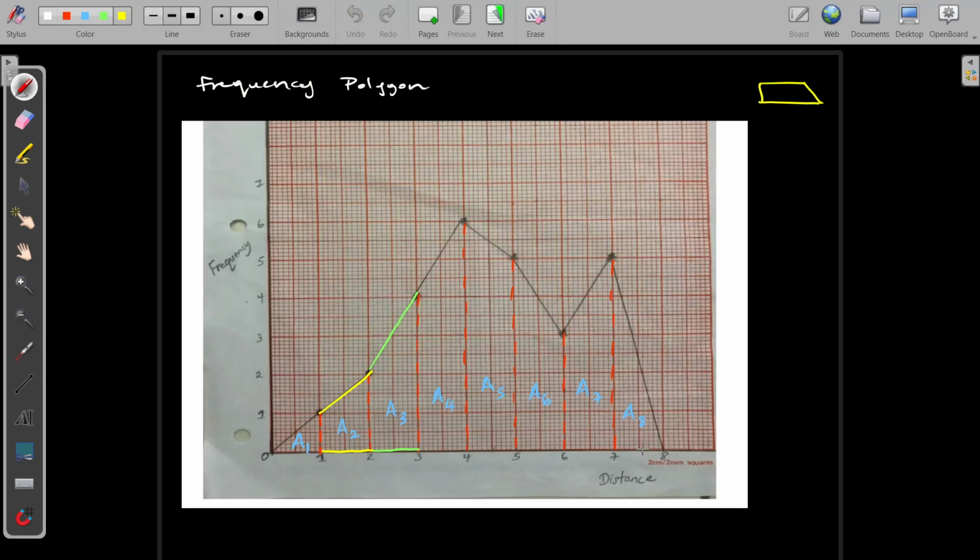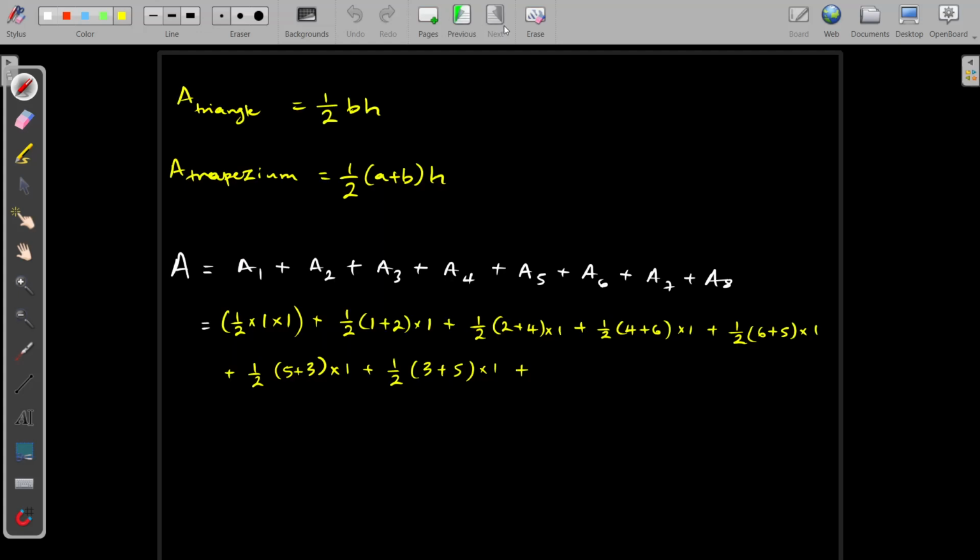So it's half base times height. The base is 1 and the height is 5. So that's just half base times height.